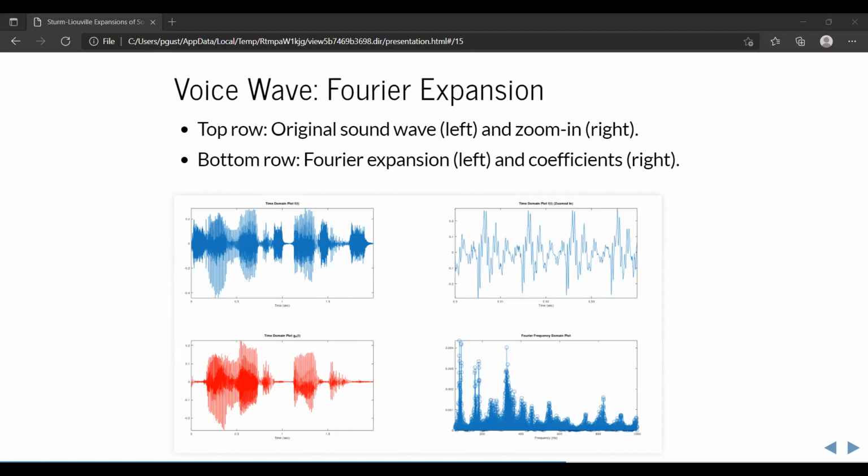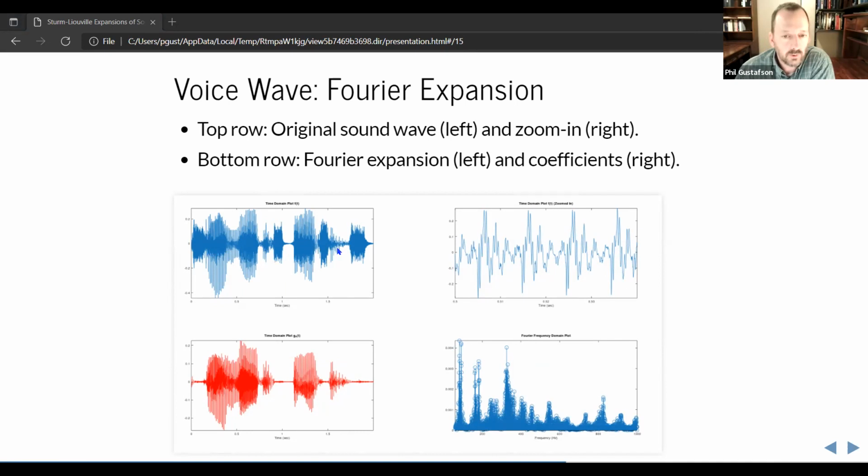Awesome. So on the top row here is the raw data for that sound recording, in blue. And then on the right side of the top row is just a zoomed in version of that, a random portion in here somewhere. I just zoomed in on it so I can see what it looked like.